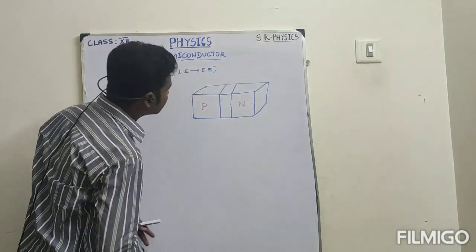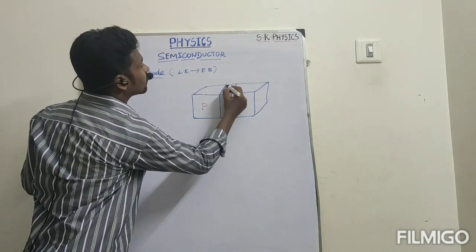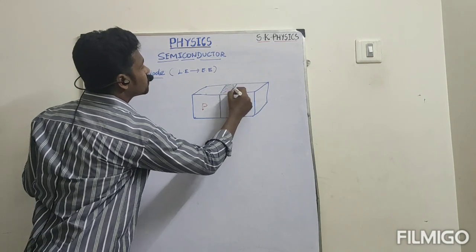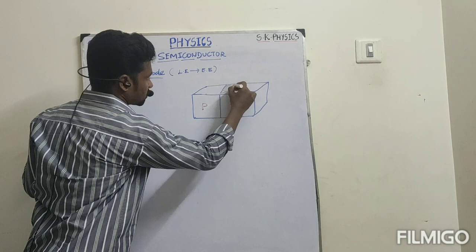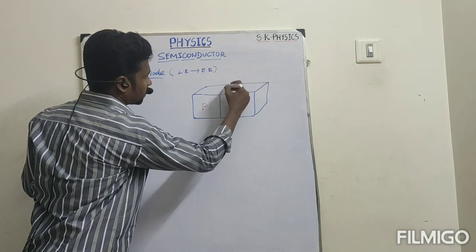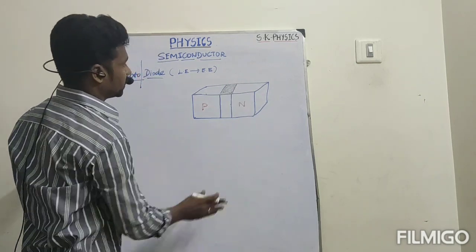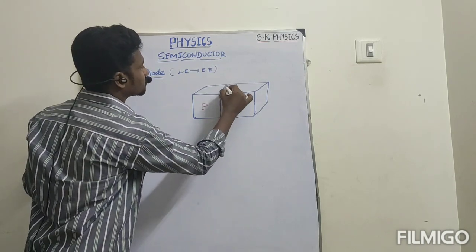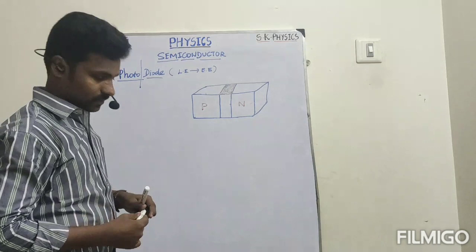Now here we introduce one transparent window. It is at the top part only, top position only, not on the side and bottom. Here, as usual, it is like a junction. So here is one transparent window.